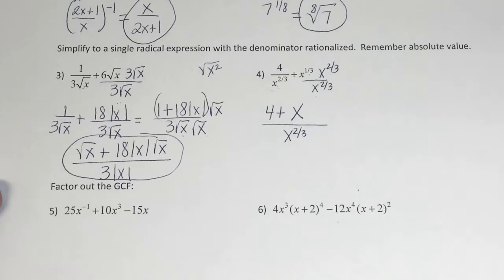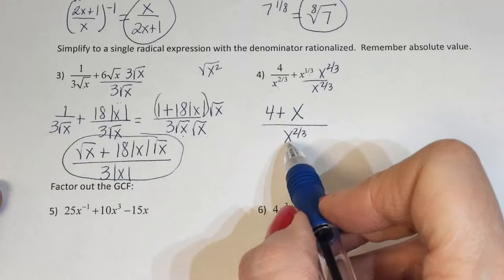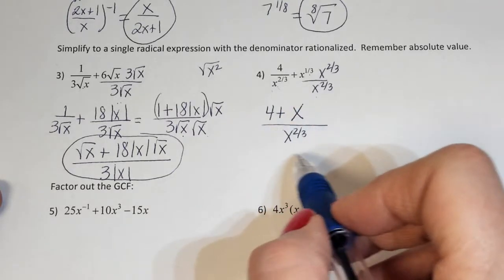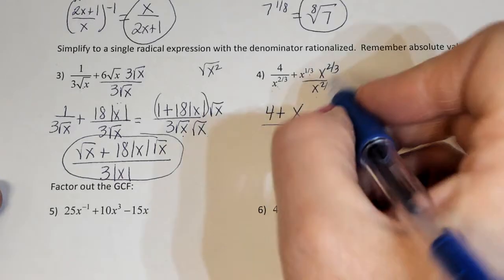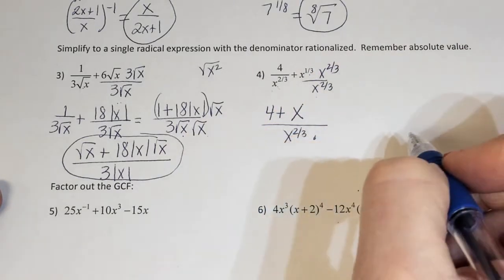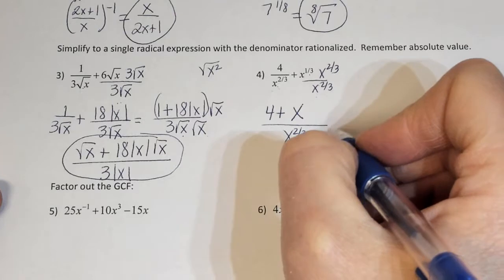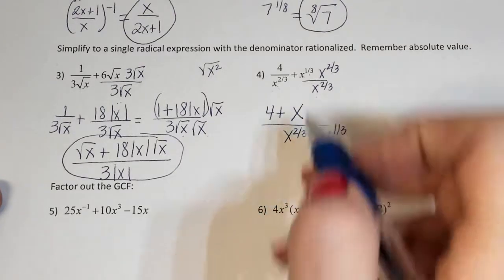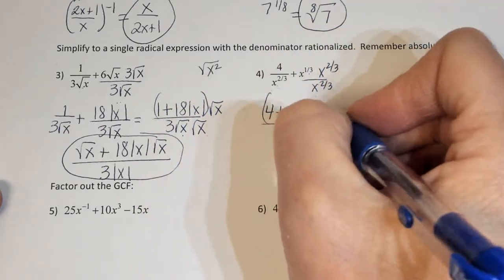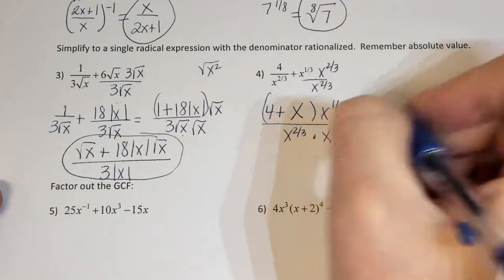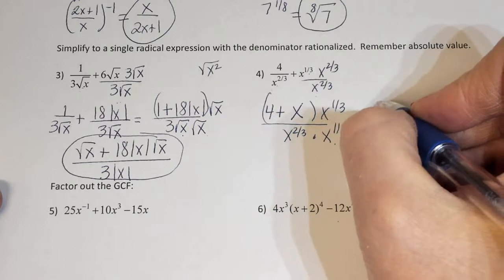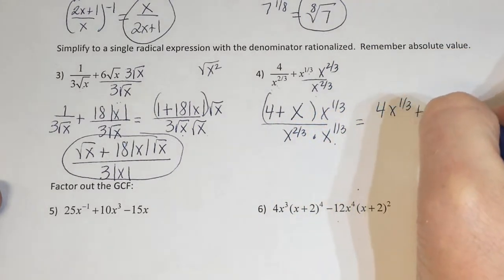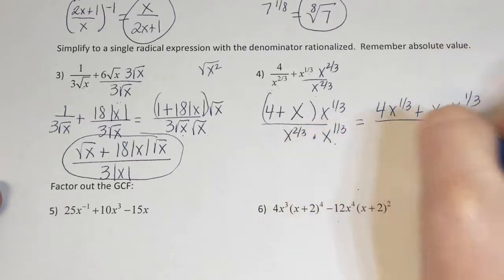And then what do I have to do with this? Well, I already have a common denominator. I have to rationalize the denominator. What would I multiply this by to rationalize it? X to the 1/3, because I have to get x to the 3/3. So if I do that to the bottom, I also have to do it to the top. So now I'm going to have 4x to the 1/3 plus x times x to the 1/3.